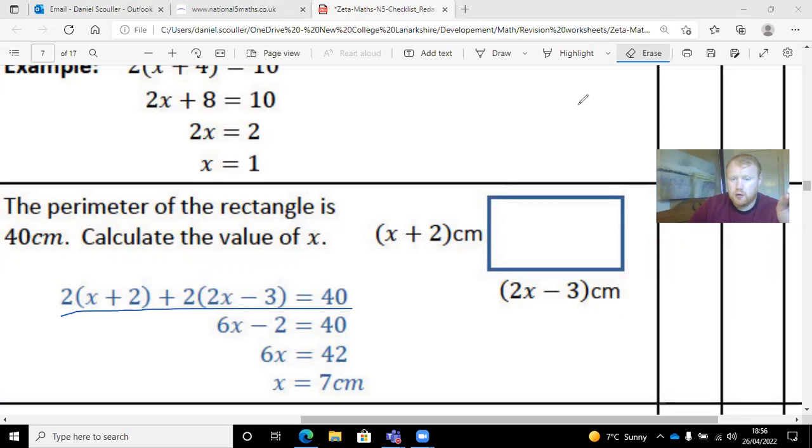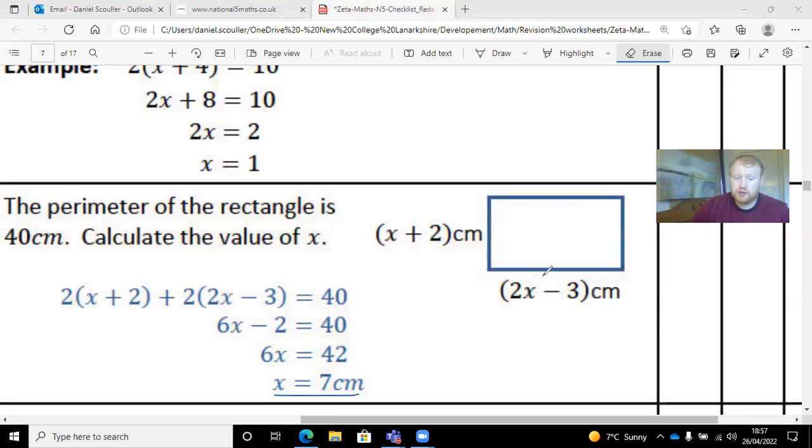Now, if you break those brackets and simplify it down, you'll be able to find out what x is equal to, and that's what they're looking for you to solve. This type of algebraic question will give you a shape or something along those lines.